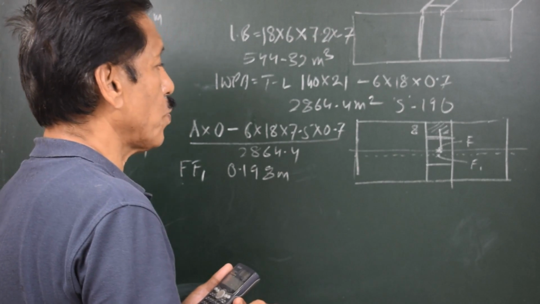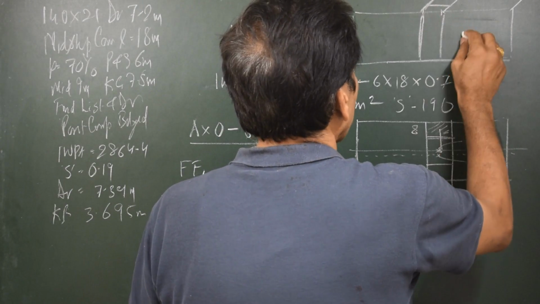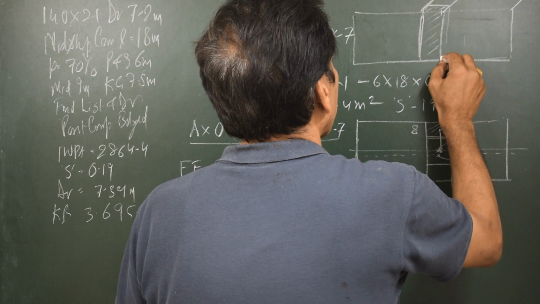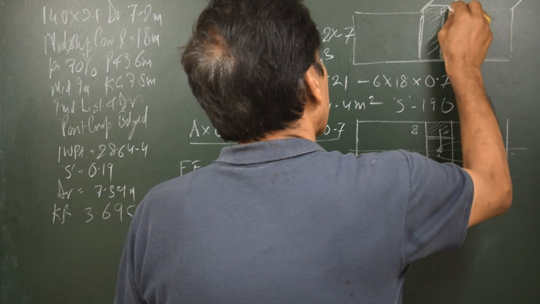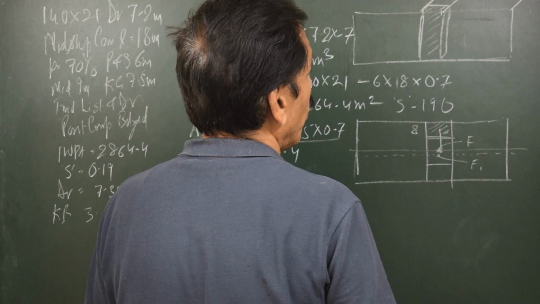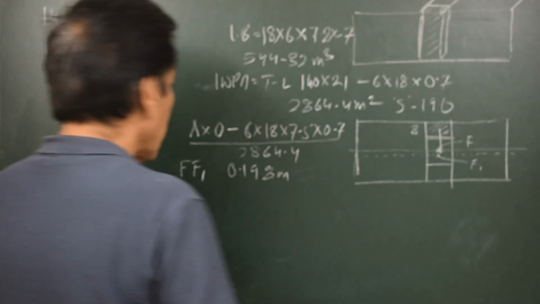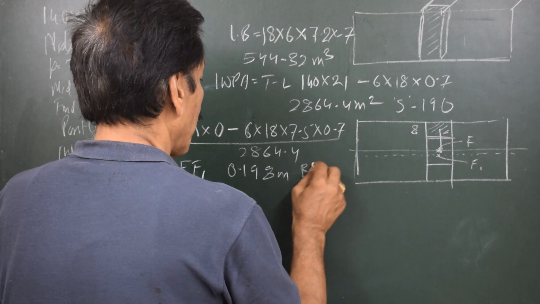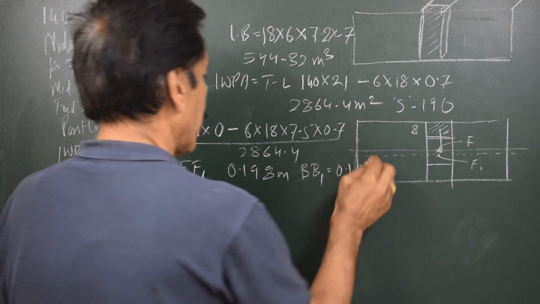Suppose we assume that this side is the port side and this is the damaged compartment. Can we say that the damage itself is vertically uniform? The shift of the center of flotation, because there is no double bottom, should be the same as the shift of the center of buoyancy. So BB1 also will be 0.198.